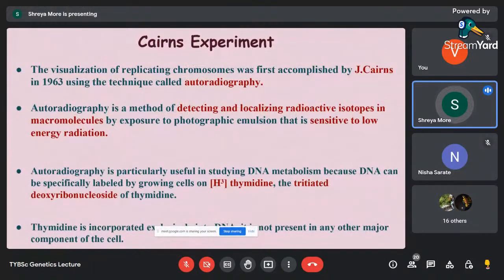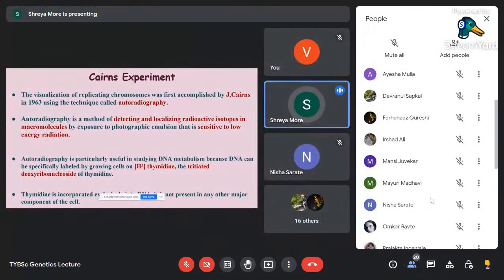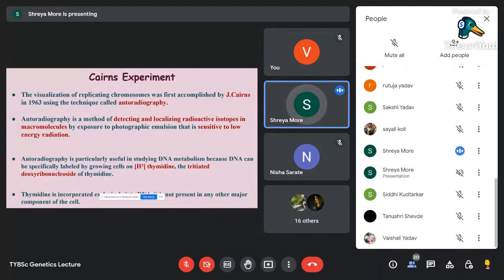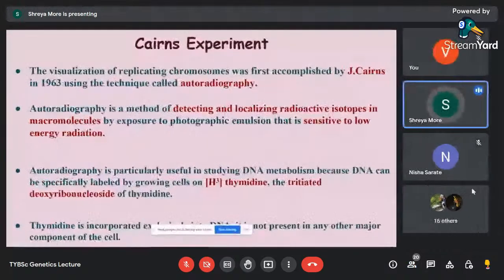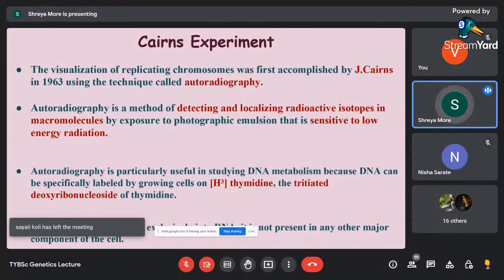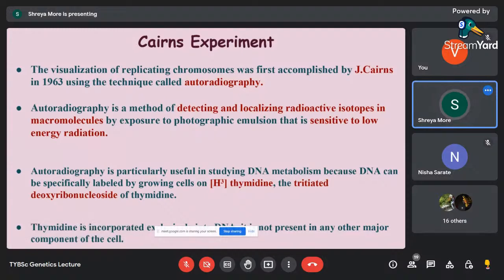So this is the Cairns experiment. The visualization of a replicating chromosome was first accomplished by John Cairns in 1963 using a technique called autoradiography. Autoradiography is a method of detecting and localizing radioactive isotopes in macromolecules by exposure to photographic emulsion that is sensitive to low energy radiation.